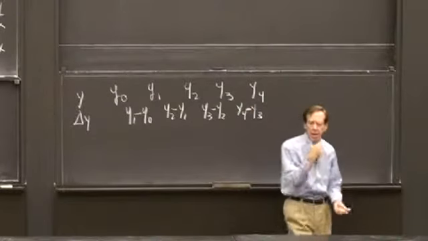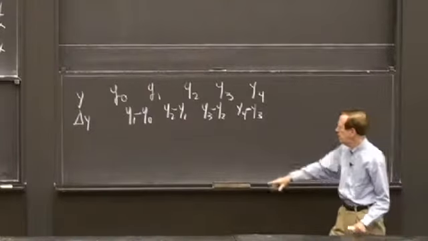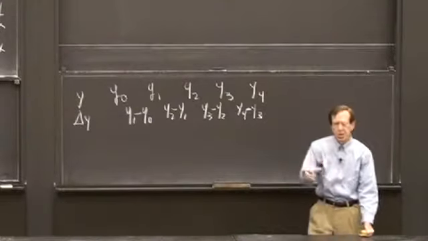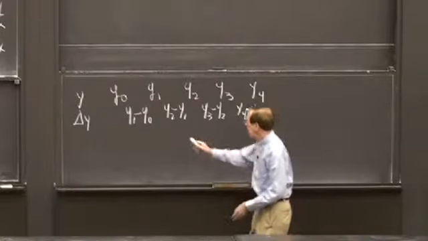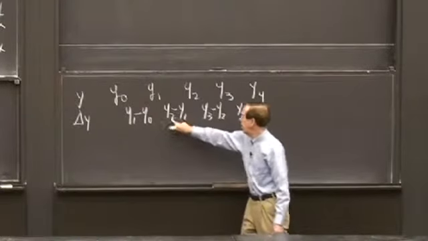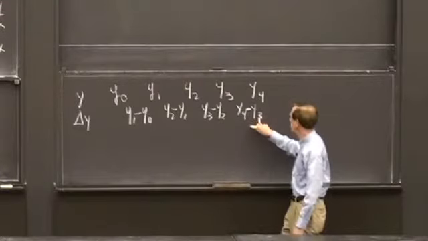What happens if I add all those delta y's? Do you see what happens? What happens if I add those 4 changes to get the total change? Well, when I add those, do you see that y1 will cancel minus y1, y2 will cancel minus y2, y3 will cancel minus y3.